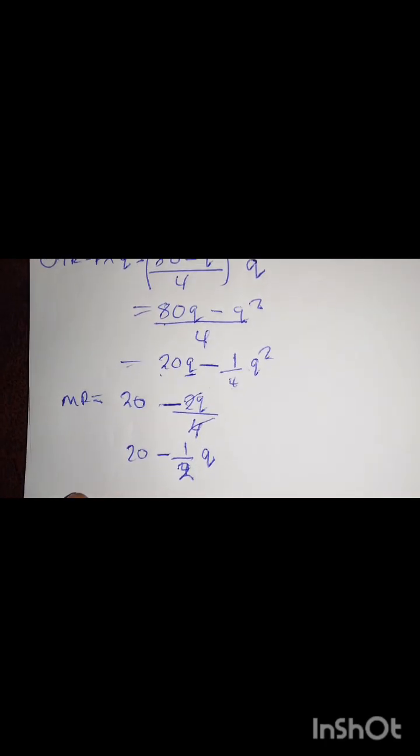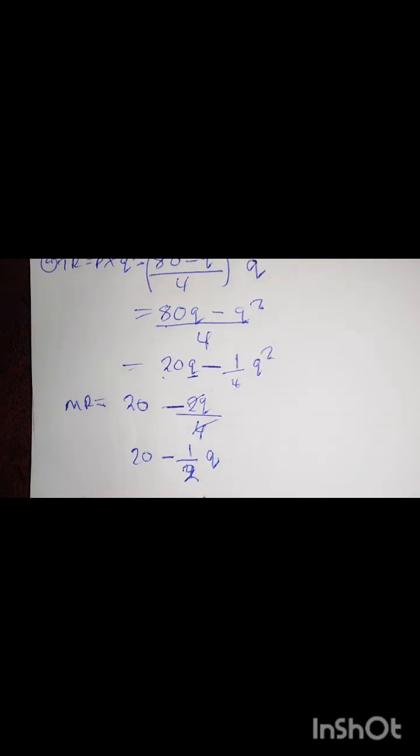So from here now, we can find the value of Q. We know that marginal revenue is equal to 0. So it will be 20 minus Q over 2 equals 0.